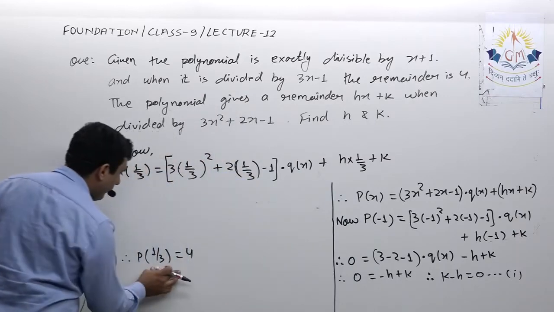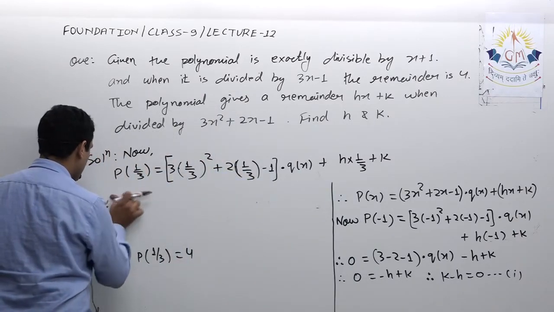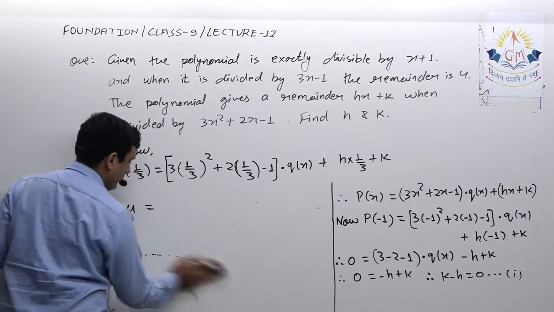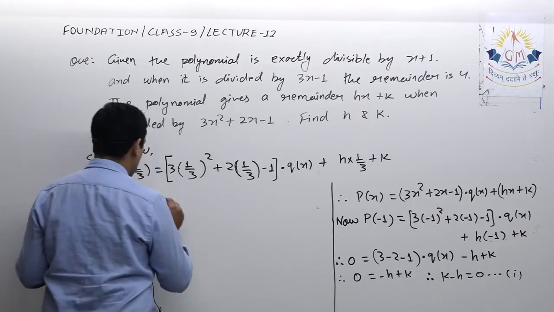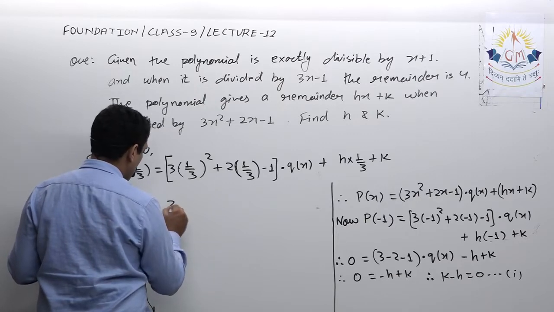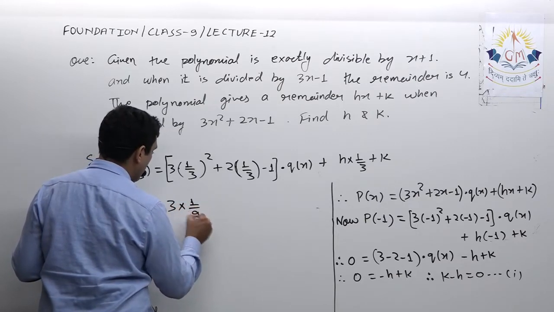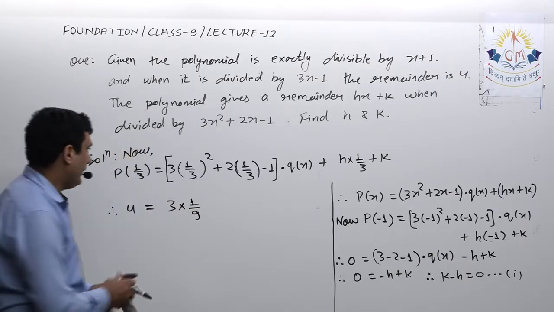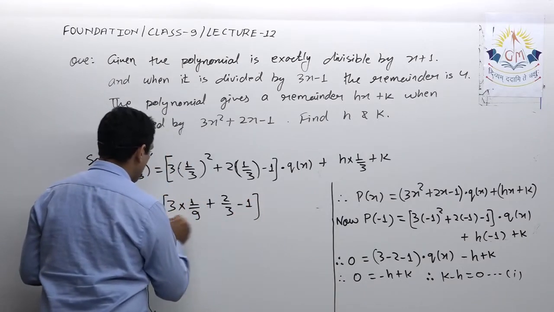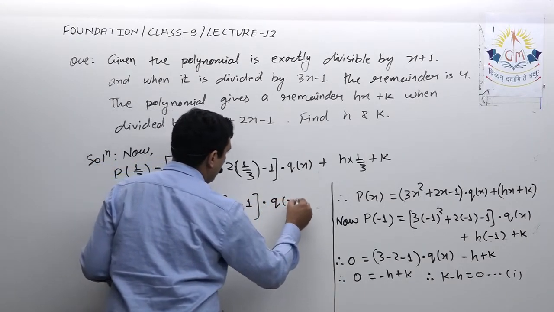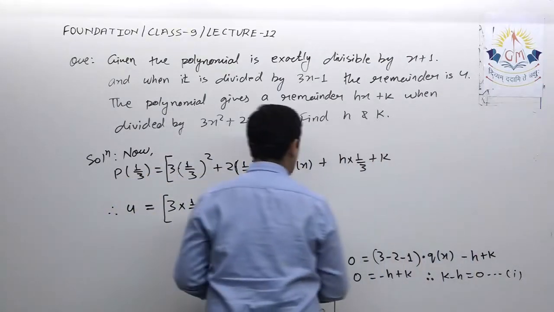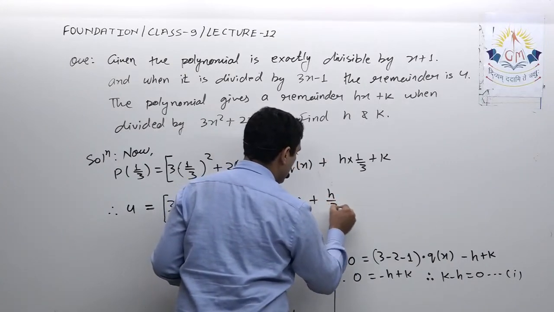Okay, and the value of p of 1 by 3 is 4, so therefore 4 is equal to 3 multiplied by 1 upon 9, okay, (1 by 3) square is 1 by 9, plus 2 by 3 minus 1, multiplied by qx, plus h upon 3 plus k.